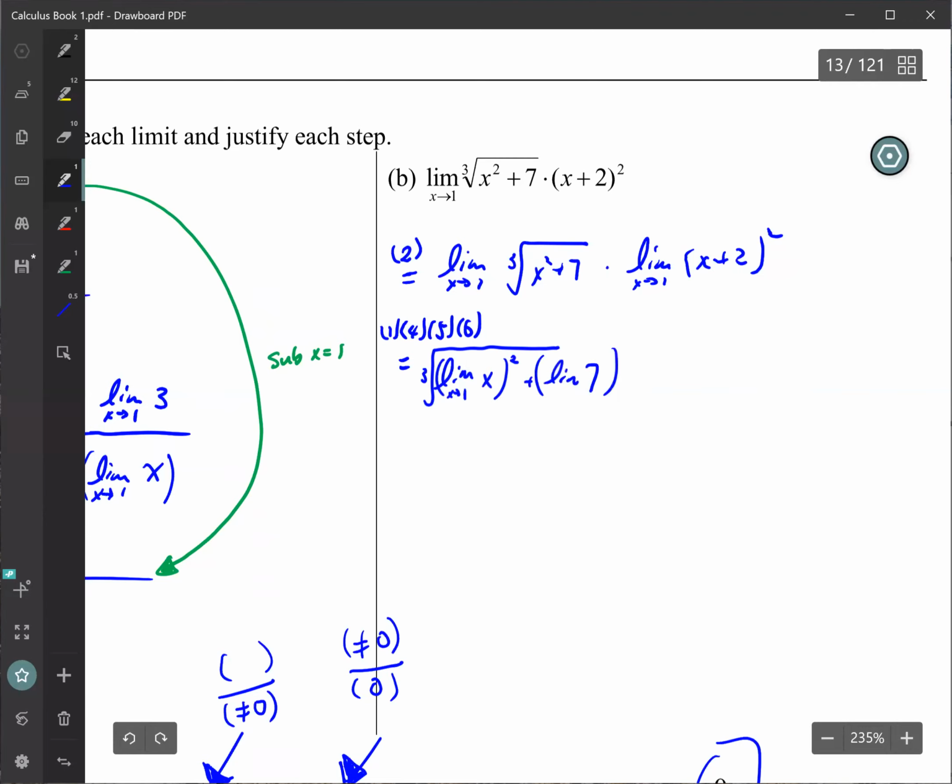And then outside the root I have times limit x, and then bracket, and then square on the outside. And then plus 4 limit x, so 4 is the constant. And then plus limit 4. Okay, so you expanded the second term, right? Yeah, that works.